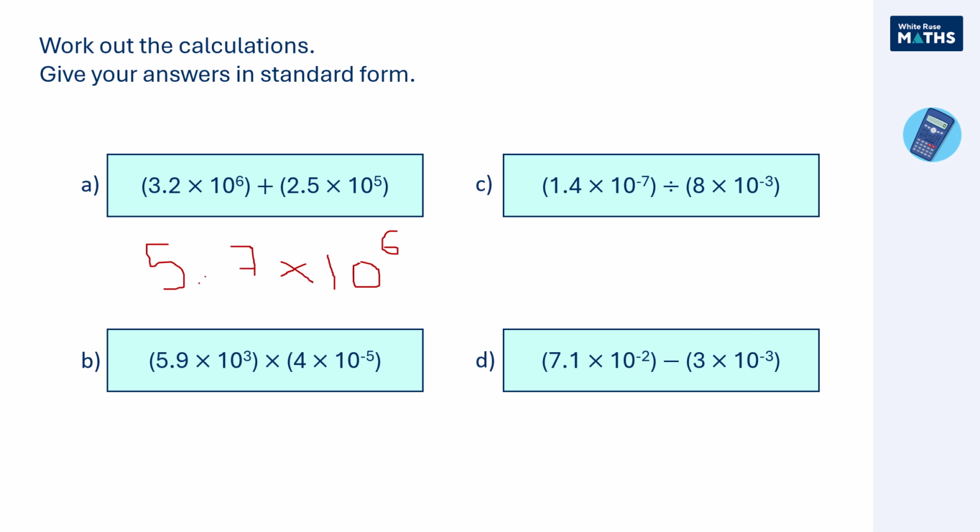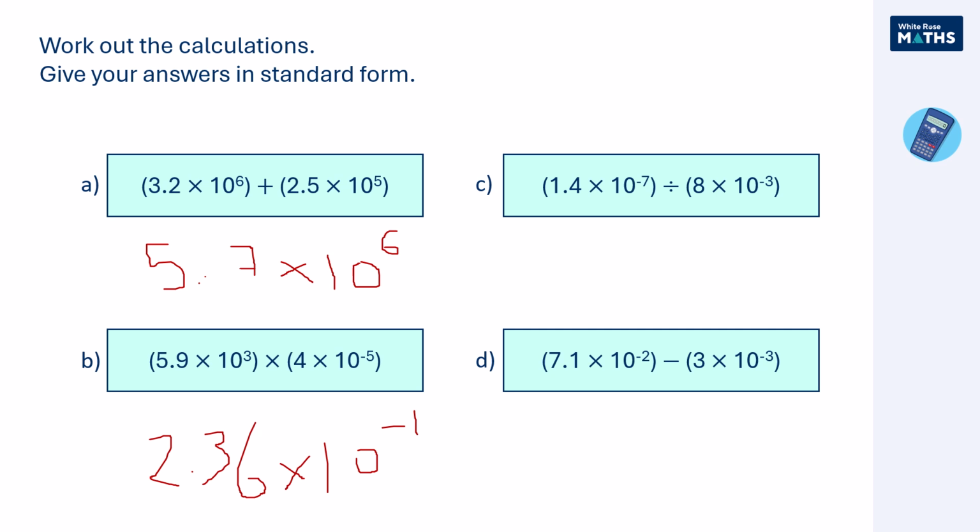Let's change that into standard form. So it's going to be 2.36 times 10 to the minus 1. Again, obviously correct me if I'm wrong. That's what I got.